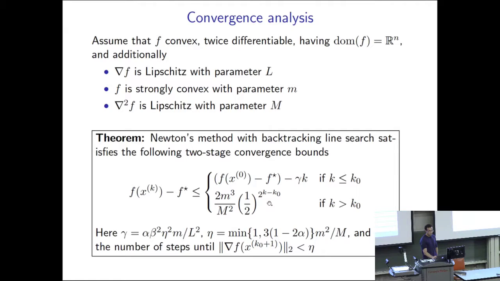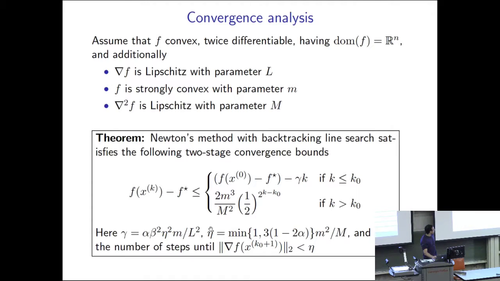This is what we call a local quadratic convergence rate, because we only get this quadratic convergence after so many iterations, and then it kicks in. This amount gamma that we gain on the criterion at every iteration relates to a bunch of properties of our function, like its strong convexity parameter and the Lipschitz constant of its gradient, and it relates to the parameters we use for backtracking, alpha and beta.